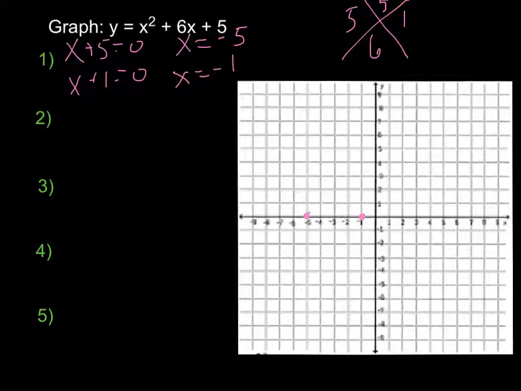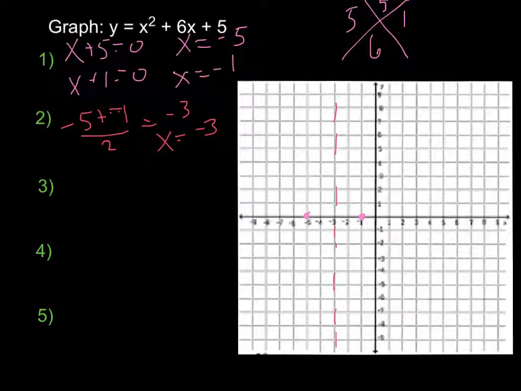Part 2 says find the axis of symmetry. We're going to take the zeros and find the average. Negative 5 plus negative 1 is negative 6, divided by 2 is negative 3. x equals negative 3 is our axis of symmetry, which is this line right here that cuts it right down the middle. Part 3 says find the vertex.